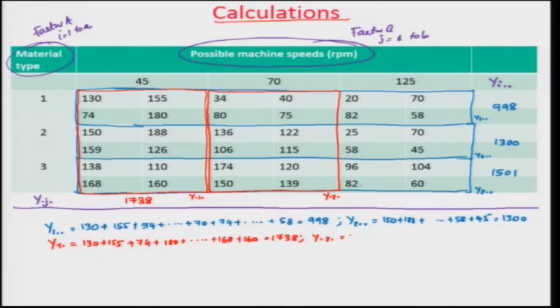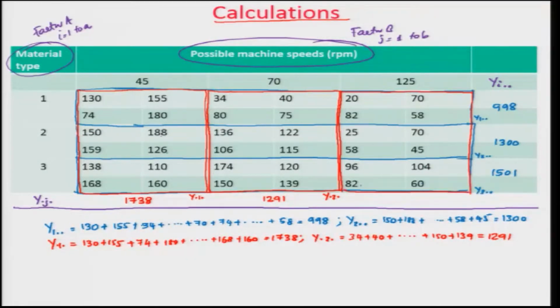It is calculated by 34 plus 40 plus all the way up to 150 plus 139. If you sum that, it comes to 1291. So 1291 is the next sum. Then comes the third value that we need to calculate, which is y dot 3 dot, which is given by this particular set.